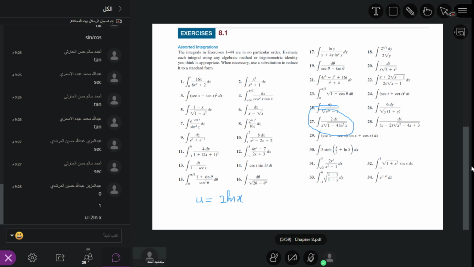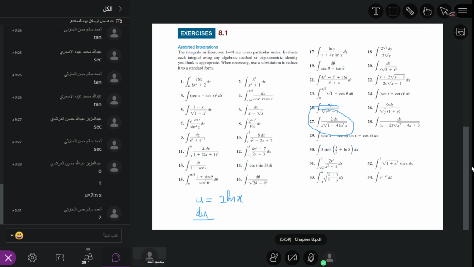Now, how can we solve this? We take the derivative of this. What is the derivative of 2 log natural x? It is equal to 2 divided by x.